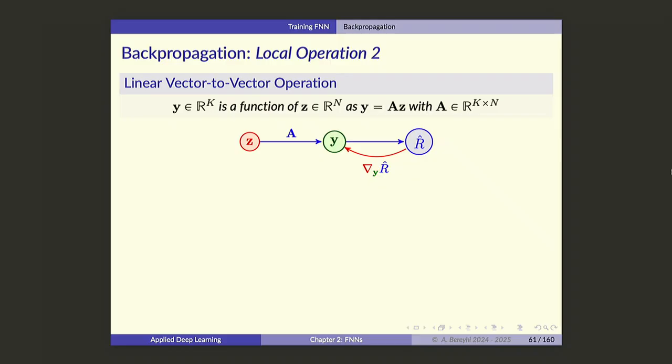If everything is scalar, what is the derivative of y with respect to z? It's going to be A, correct? Now, if you want the gradient of y with respect to z in the matrix form, what do you expect? It should be, again, the matrix A.